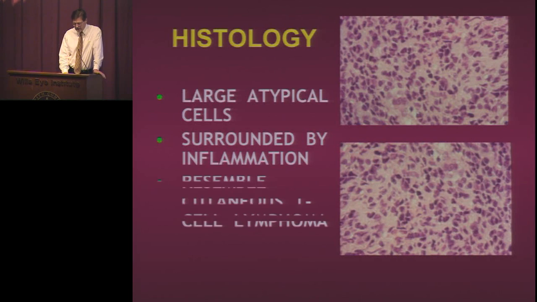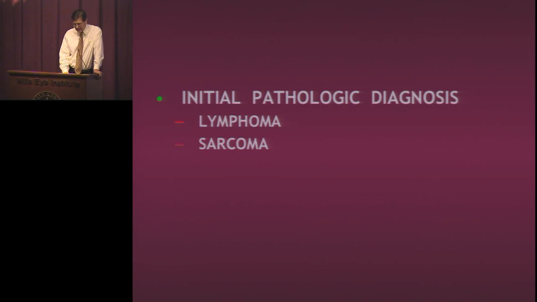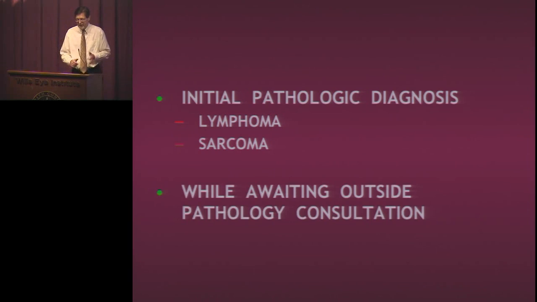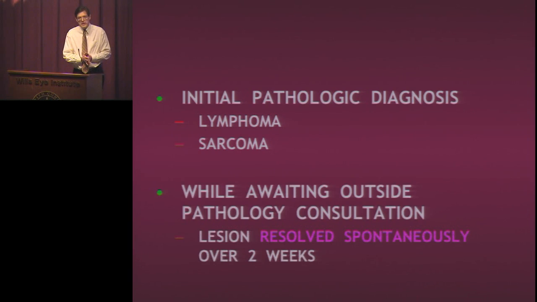In fact, the local pathologist said this resembles lymphoma, and I think it could be a lymphoma or a sarcoma. You better start getting him involved with an oncologist. Well, he sent it off, of course, for a second opinion. And when the second opinion came back, by that time, in 2 weeks, the patient's lesion was gone. It was completely gone. I was amazed.